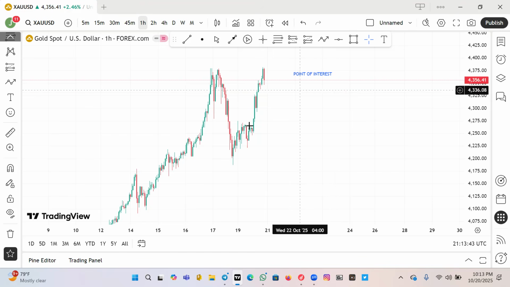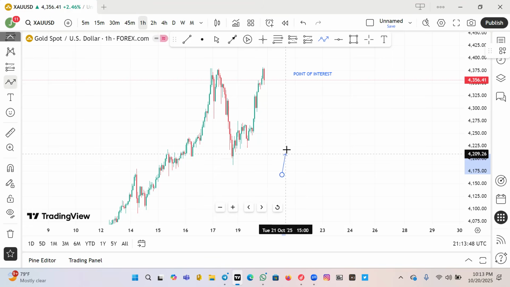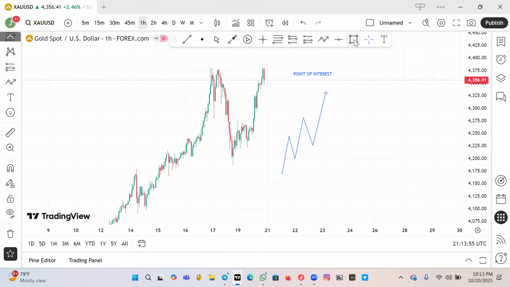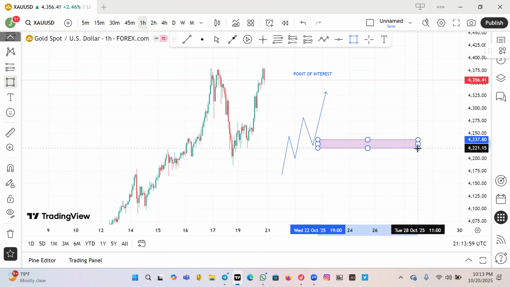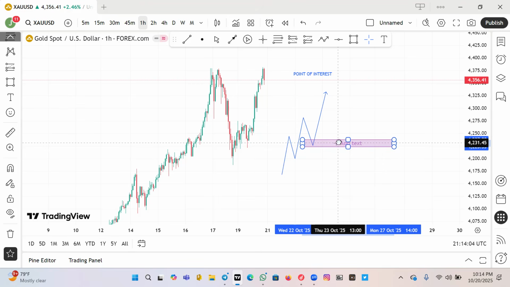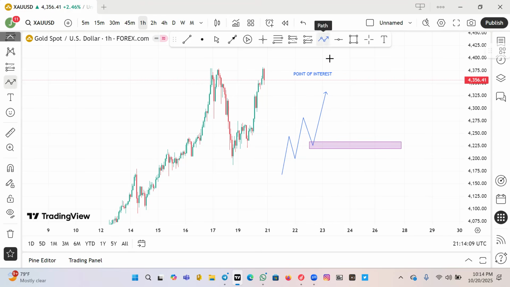That is, if, for example, the market is trending like this, and you decide to draw this point as your point of interest, and then the market comes down and gives you a confirmation candle.